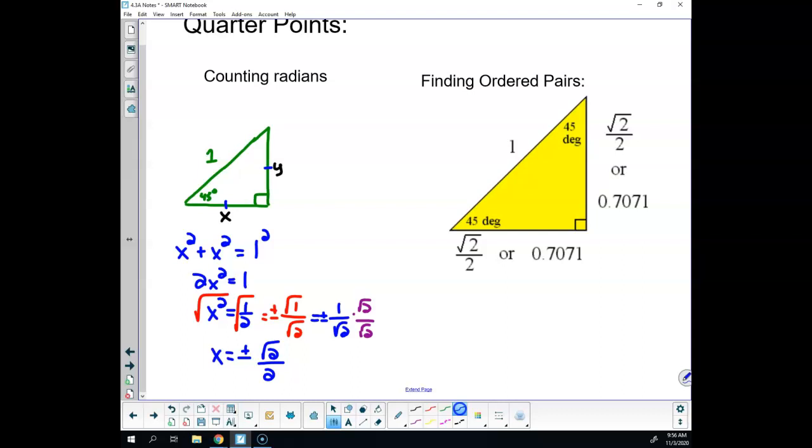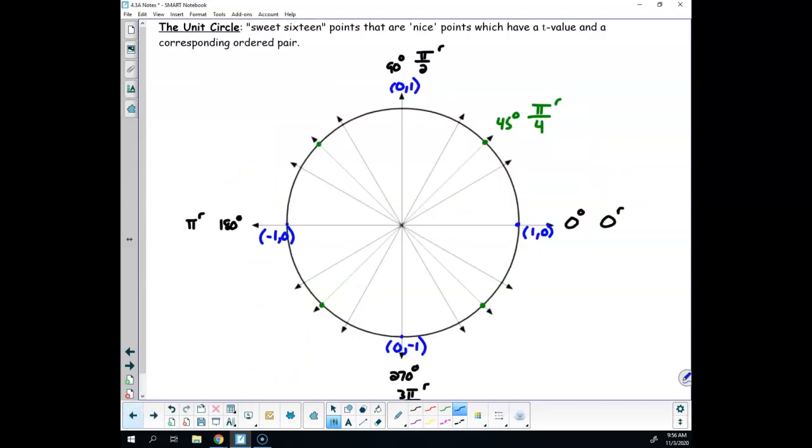We are exact, when it comes to the unit circle, especially with these sweet 16 points, we are an exact kind of a thing. So that, if we go back to here then, this would be the point, the square root of 2 over 2, comma, the square root of 2 over 2.